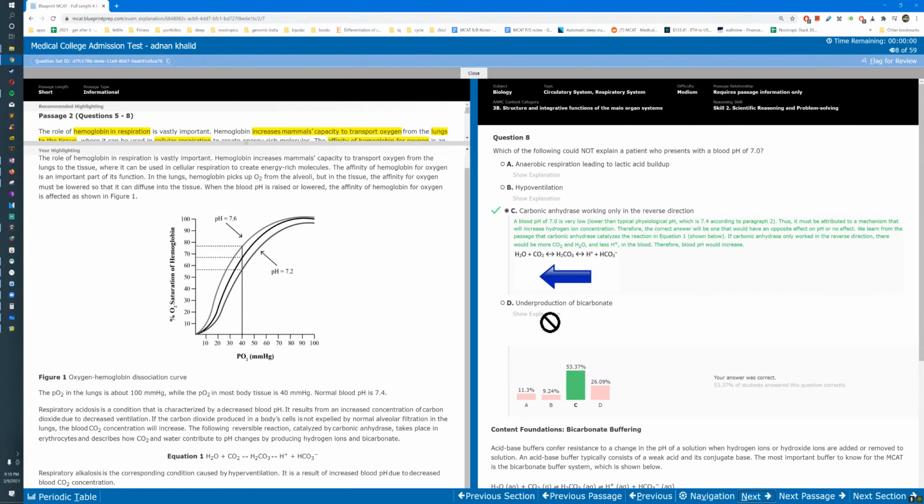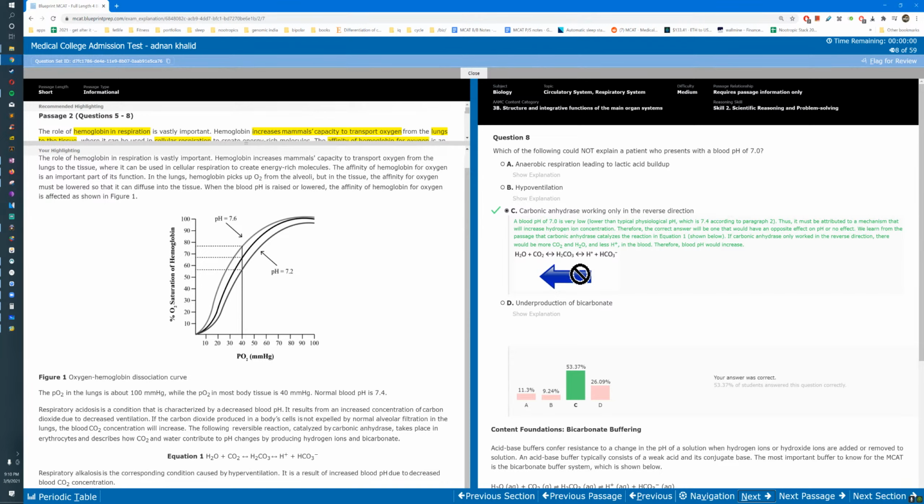Underproduction of bicarbonate. Remember in the last question, bicarbonate is given off from the red blood cell in exchange for chloride, as it processes the CO2, which naturally makes things more acidic. So with less bicarbonate, right, I don't expect you have to have this memorized, but this is the bicarbonate ion, and if there's too little of this, it's going to go backwards.